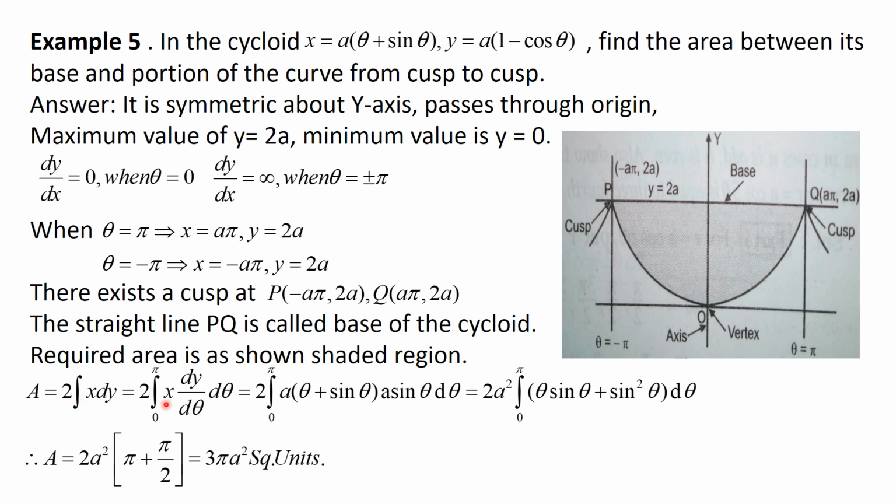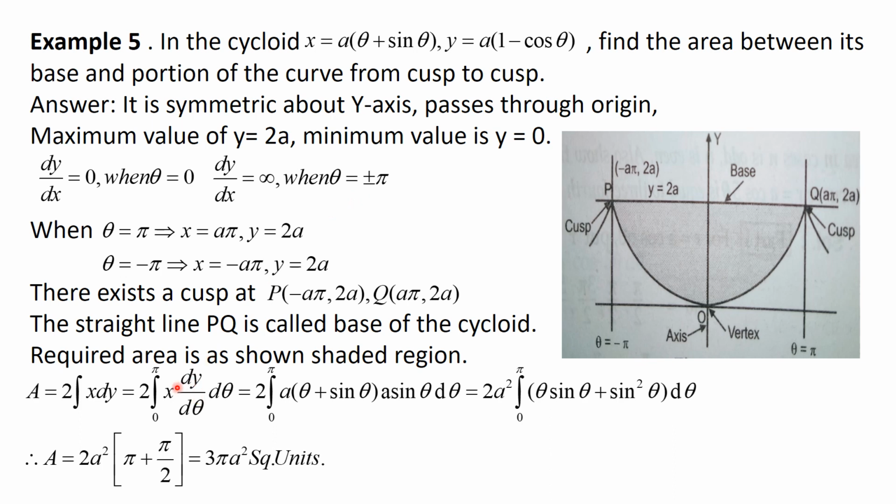Now x with respect to y, where x is a function of theta, it's not possible to evaluate the integral. So we try to convert in terms of one variable. See the next step, dy is replaced as dy by d theta into d theta. And hence we know how to find the value of dy by d theta, where y is a function of theta, and x is already a function of theta.